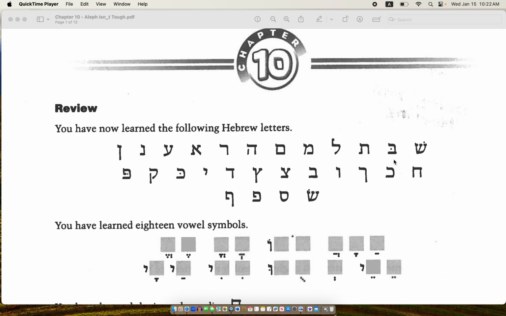Shin, Bet, Tav, Lamed, Mem, final Mem, Hey, Resh, Aleph, Ayin, Nun, final Nun, Chet, Chaf, final Chaf, Vav, Vet, Tzadi, final Tzadi, Dalet, Yud, Kaf, Kuf, Pei, Sin, Samech, Fe, final Fe.